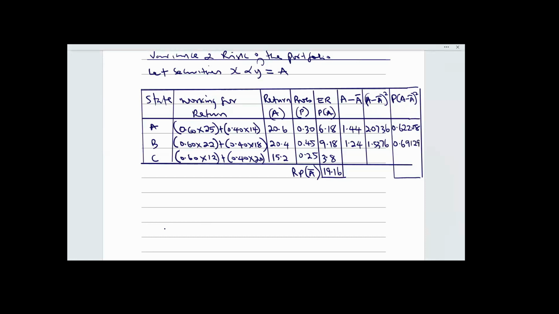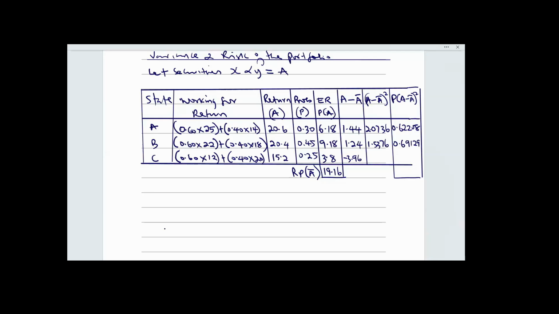The last one, 15.2 minus 19.16 will give you minus 3.96.